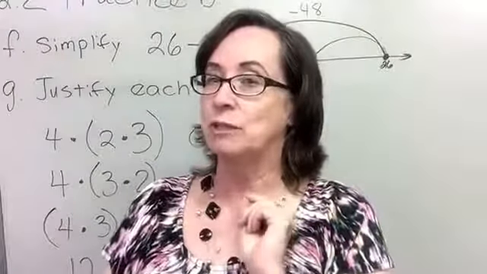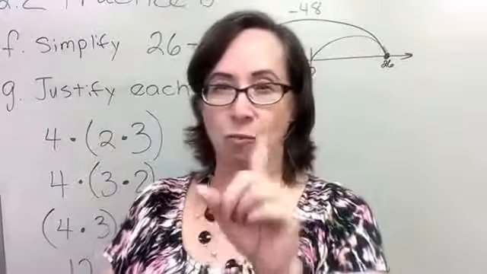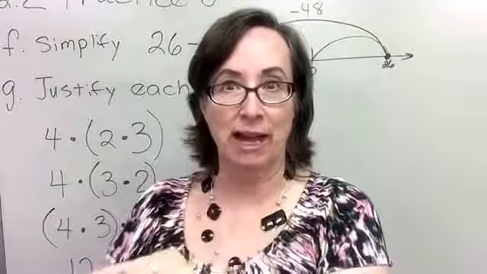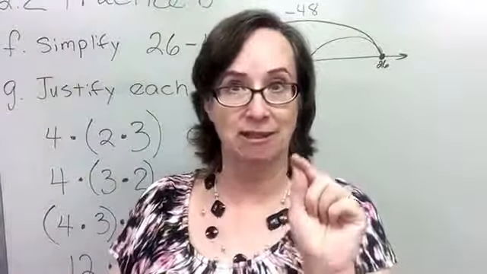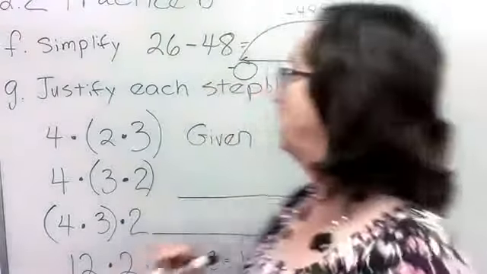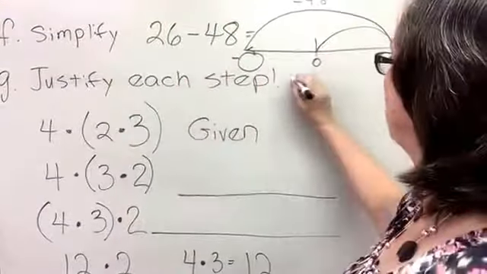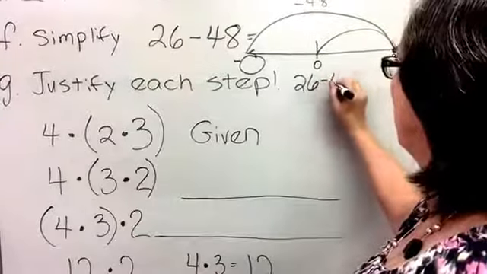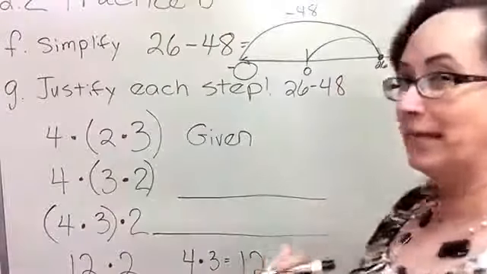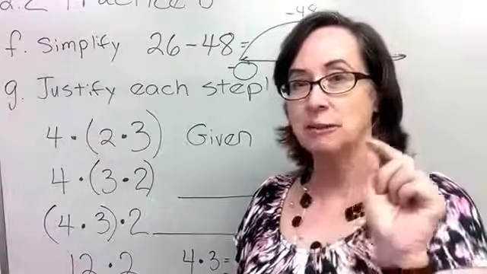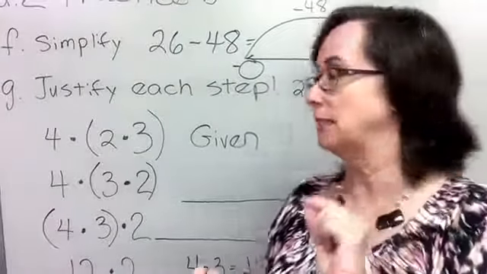Now, when we're subtracting, there's only one rule. Subtraction is addition of the opposite. So we can take this subtraction problem, 26 take away 48, and we can change it to addition of the opposite number.